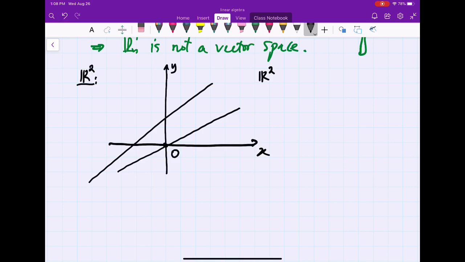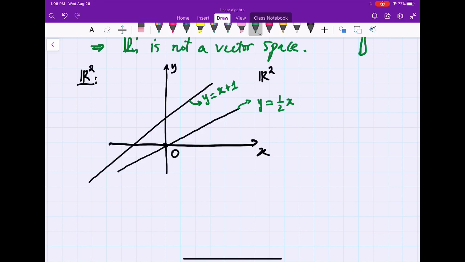Okay, let's pick y equal to 1/2 x, and y equal to x plus 1. Sorry, not exactly, but yeah, let's pick two examples.